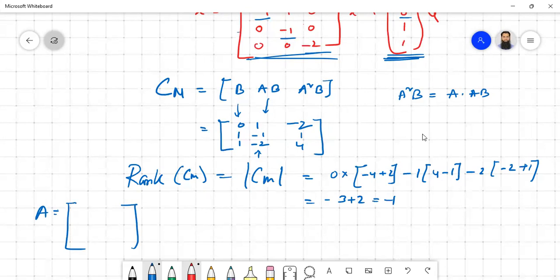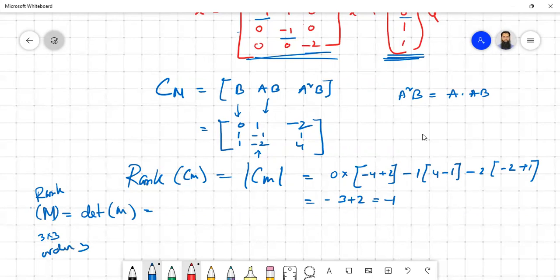So you find the determinant of the controllability matrix, though it can be any matrix, say matrix M. If it is a 3 into 3 matrix, and the system was of order 3, and the determinant is not 0, then your system's rank is also 3.